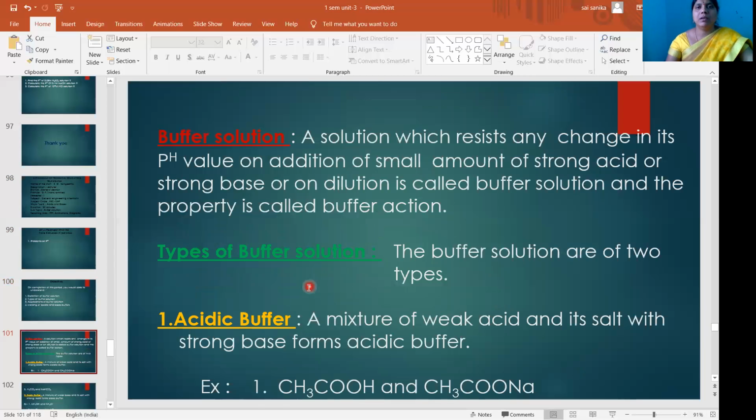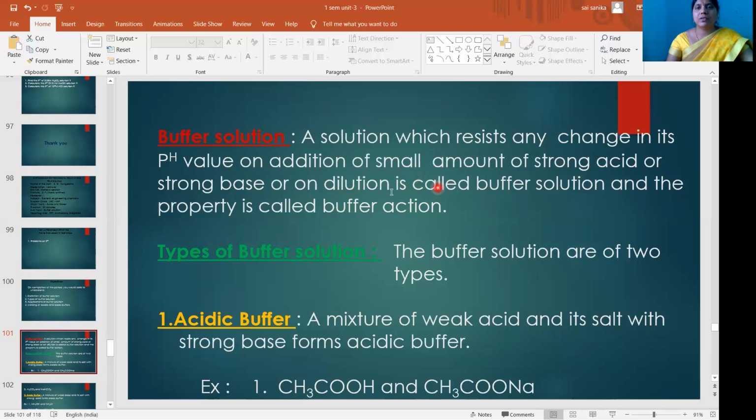So what is meant by buffer solution? A solution which resists any change in its pH value on addition of a small amount of strong acid or strong base, or on dilution, is called a buffer solution, and the property is called buffer action.